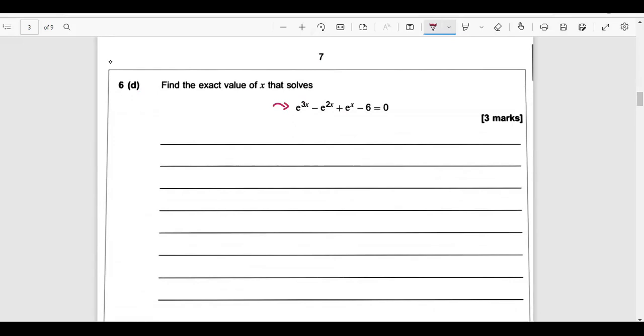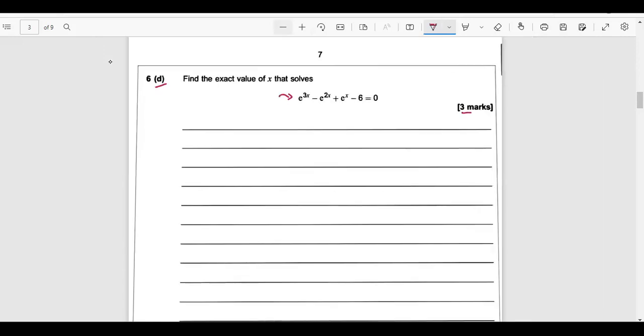So if it is genuinely a difficult question, it won't be for 3 marks. Like if you're thinking that you'll be doing it through a long method, it won't be for 3 marks, and this means you're thinking in the wrong direction. The fact that it is D part of a question means that it is coming somewhere from the upper parts, right? Let's scroll out and let's see what exactly f of x was.